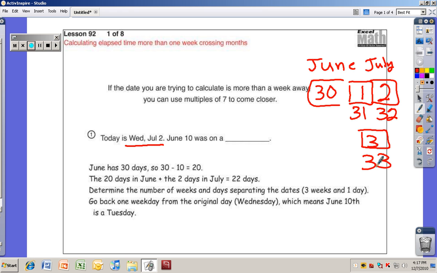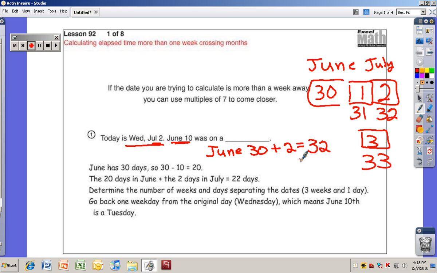So what we're going to do is take the days for June. It's June 10th, we're on July 2nd, which is the same thing as June has 30 days, and then we add the days from July, so it's kind of like June 32nd. And then it wants to know what date June 10th was on.